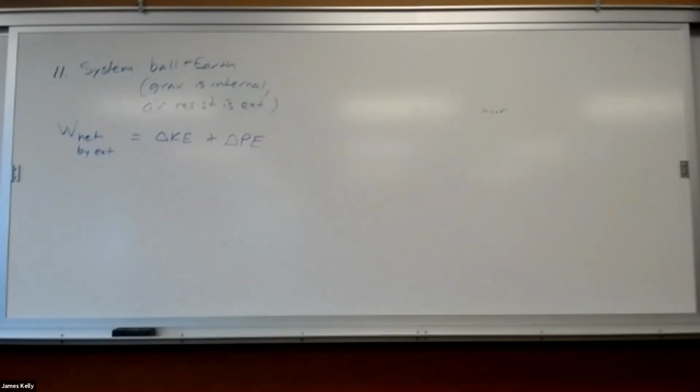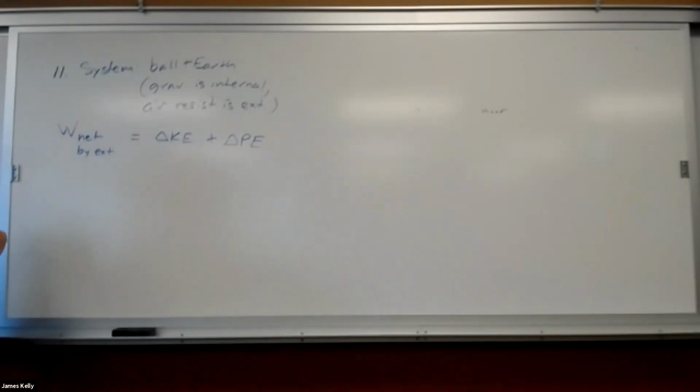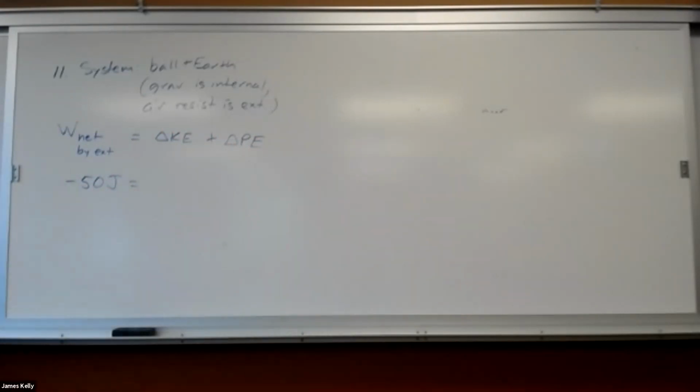What's the left-hand side going to be here? It was just given to us. We didn't really have to work for it, but we were told the net work done by the air resistance force on the ball is minus 50 joules. So it's doing some negative work on it as it rises.